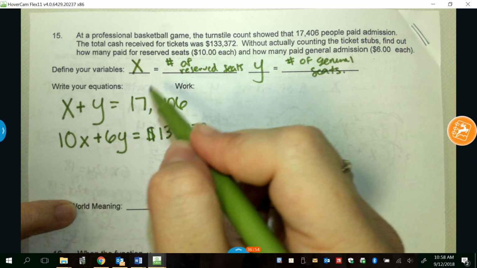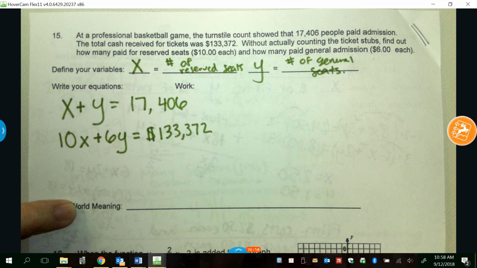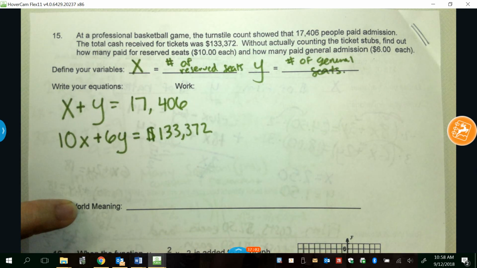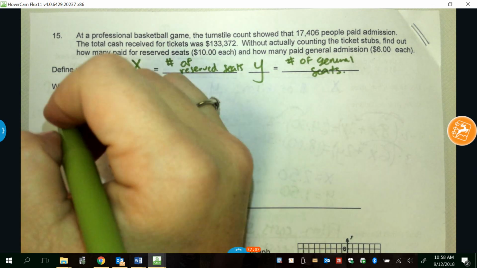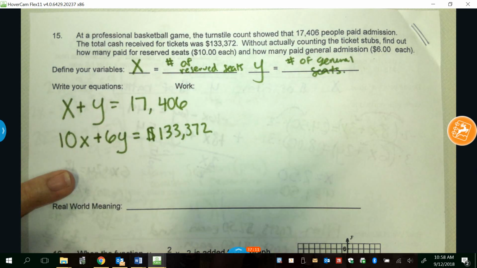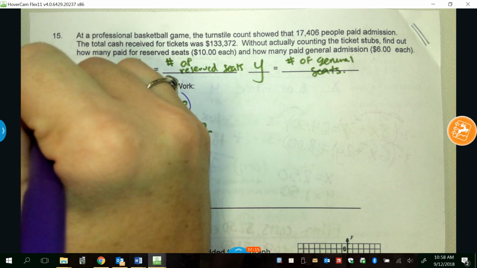You could do elimination. You could do substitution by getting y by itself or x by itself, or we could solve them both for y and do it in the calculator. I am going to do elimination, and I'm going to get rid of y's. This is a positive 6, so I need this to be a negative 6. So I'm going to multiply this whole top equation, what I do on one side I have to do on the other, by negative 6.